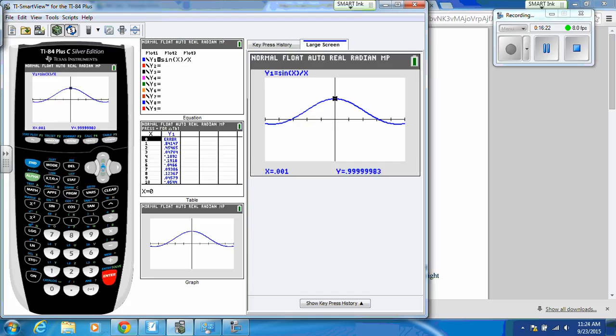And lo and behold, y is 0.9999983. That's about 1. I've tried a positive x value, but now I need a negative x value. Negative 0.001. Exactly. And once again, y is 0.9999983. In other words, about 1. So our calculator is giving us strong evidence that our limit should be 1.